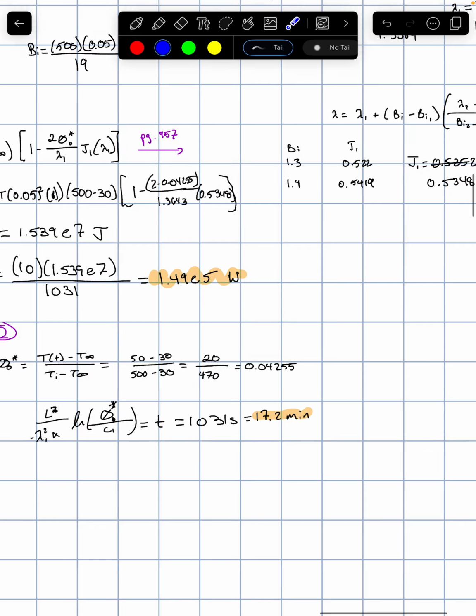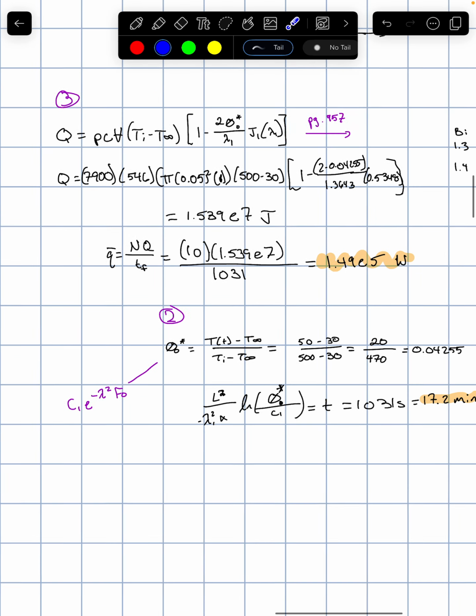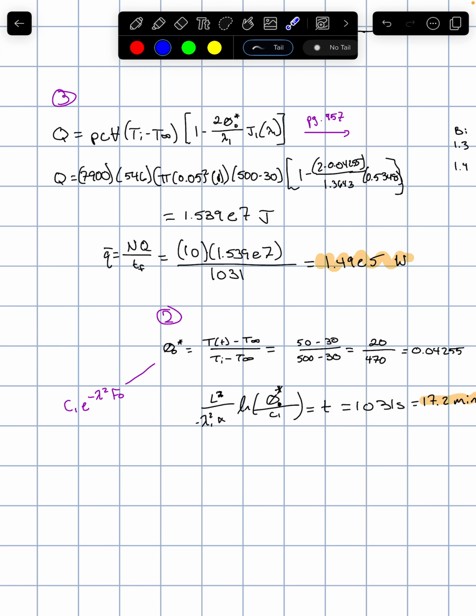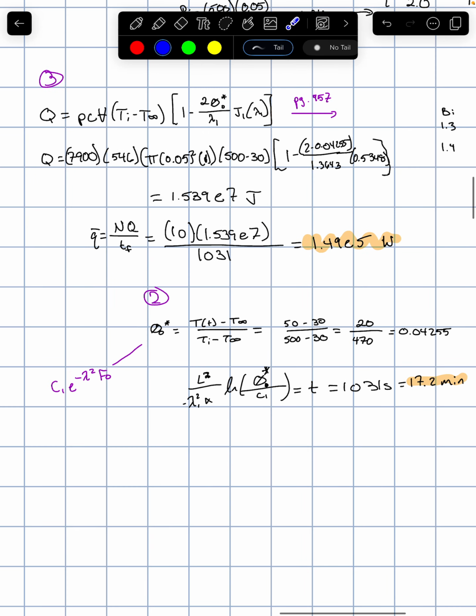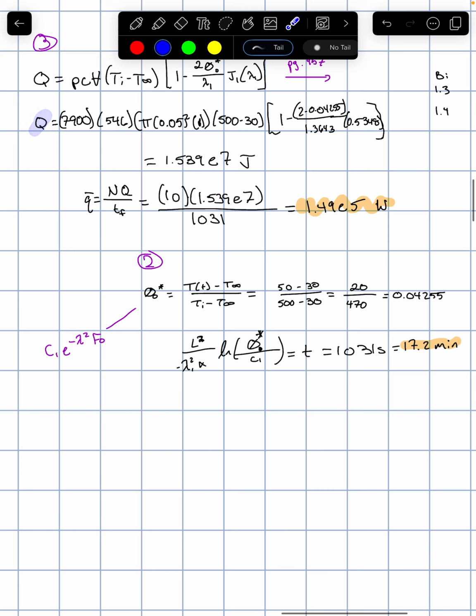Going from there, we know practically everything else from either the givens above or from properties of 304 steel given in the book. We can plug everything in here and solve for Q, which we get in joules.